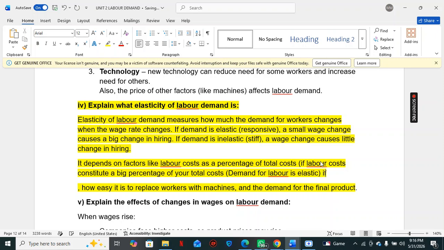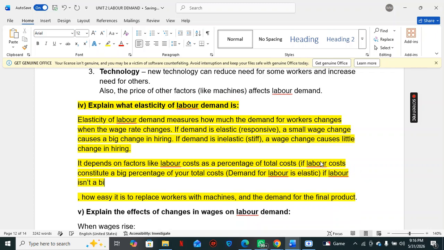So if labor isn't a big percentage of your total costs, demand for labor is inelastic.